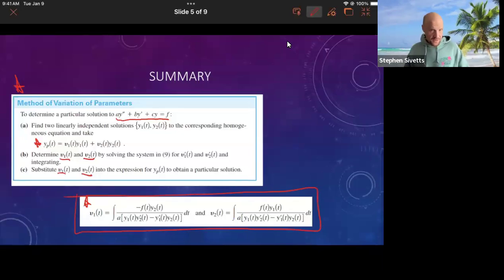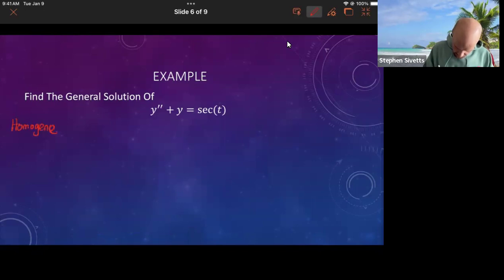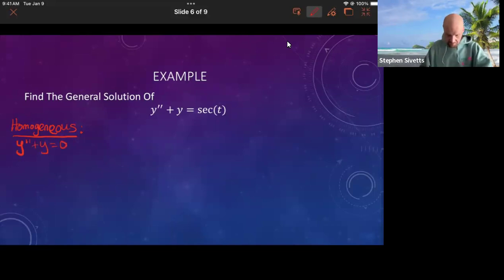But let's go over some examples. Let's look at finding the general solution for this differential equation: y double prime plus y equals secant of t. We want to solve the homogeneous differential equation first: y double prime plus y is 0.